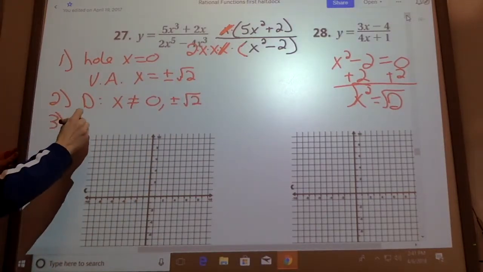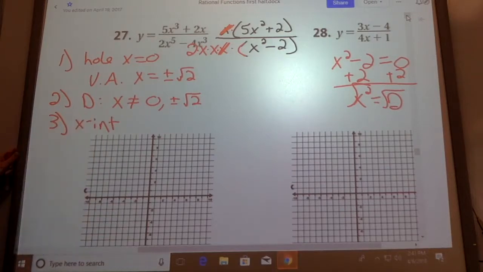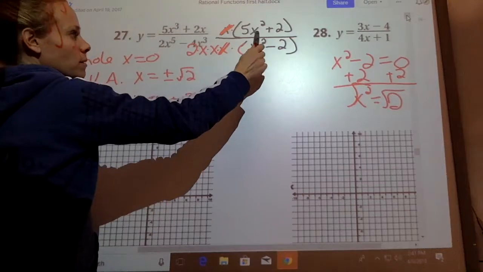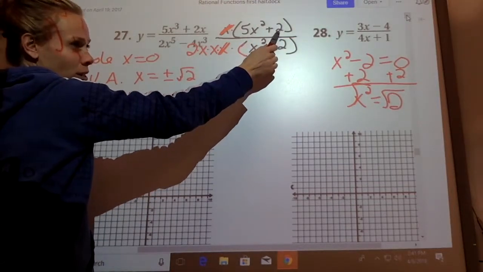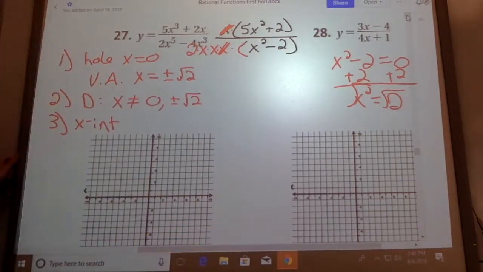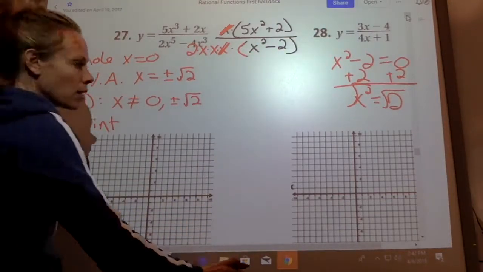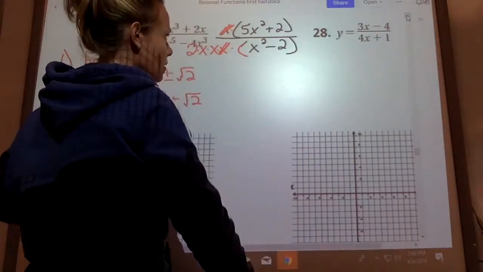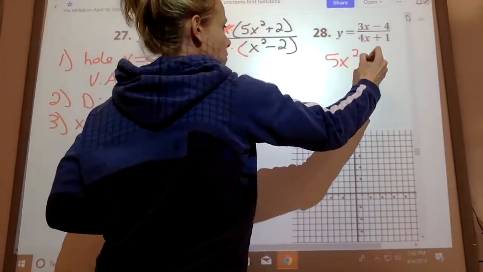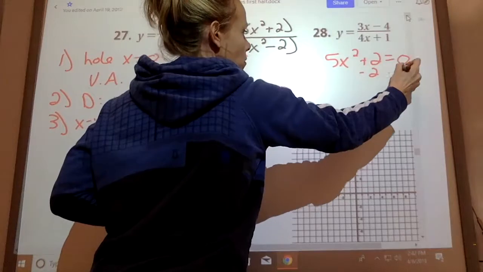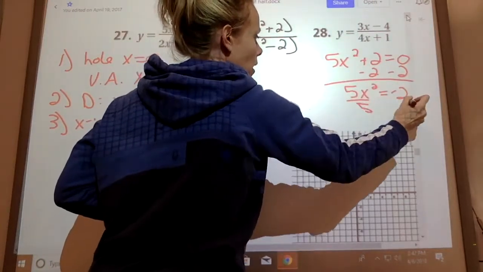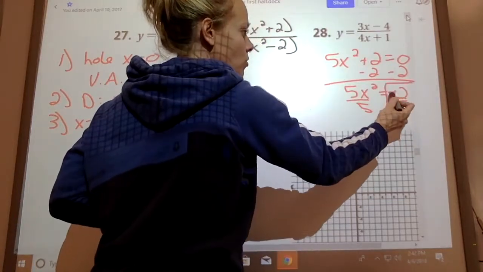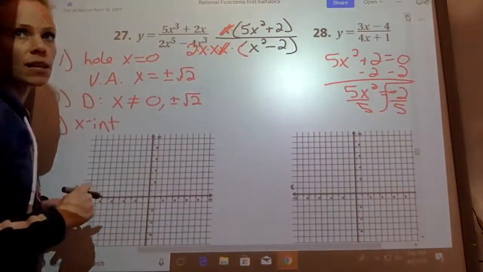What about the x-intercept? For the x-intercept, I set the top equal to 0. Can I square a number and multiply by 5 and add 2 and get 0? No, that's impossible. If you didn't see that, you just solve it. Subtract 2, divide by 5, and then square root, and as soon as you start square rooting this negative, you'd stop and say, there isn't one.